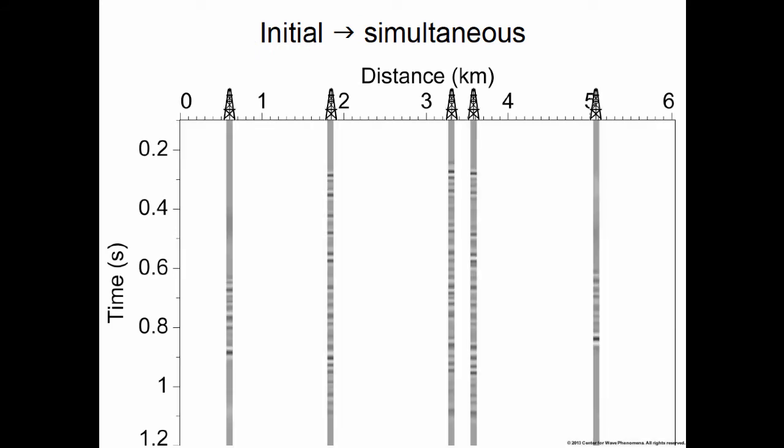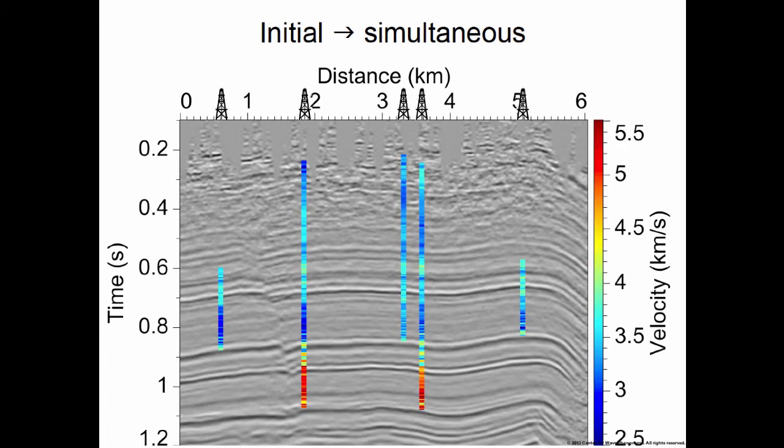So if we again were to get the synthetic seismograms, we have the time depth relationship at each one of the wells. We plot the log velocities with our updated time depth curves, and this is just from the initial synthetic image tied to the seismic image.